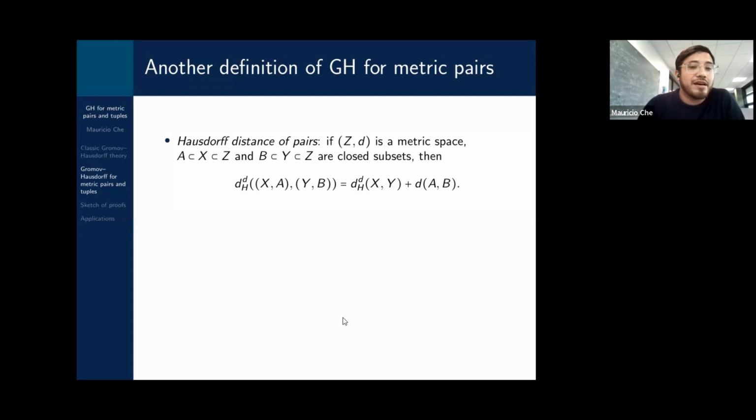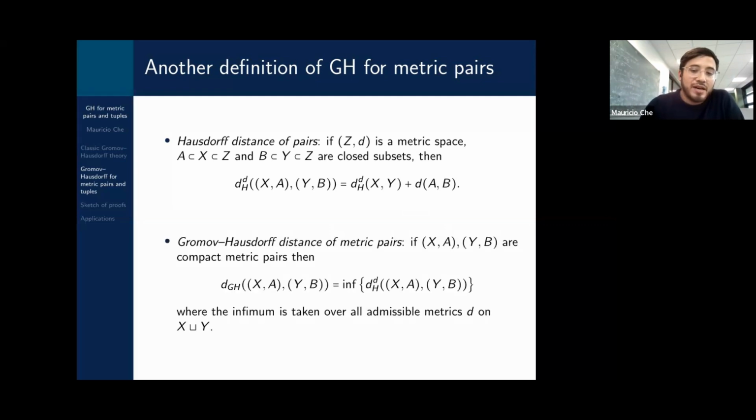We could define a Hausdorff distance of pairs in a given metric space like this. Here, I made a mistake. This should be the Hausdorff distance of A and B. And we might define another Hausdorff distance between metric pairs as the infimum of such Hausdorff distances over admissible metrics in the disjoint union.